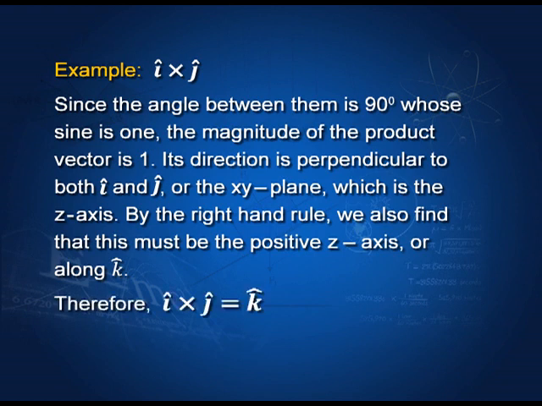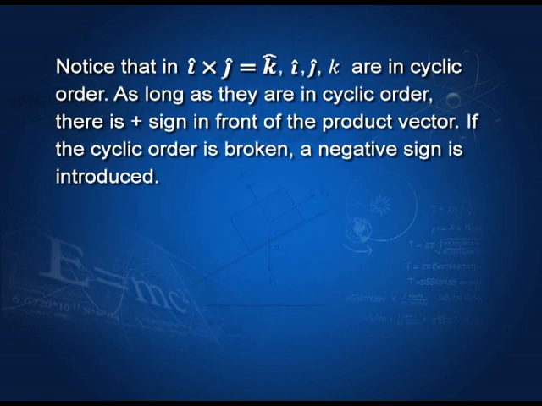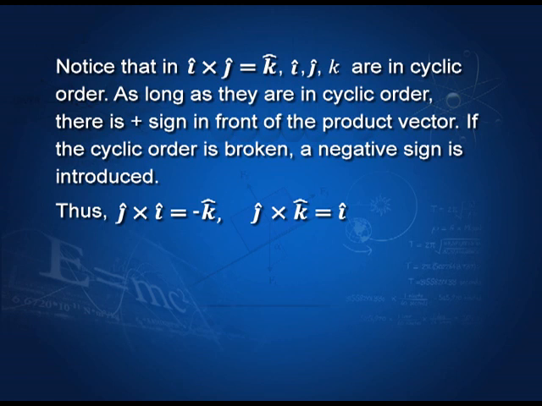Therefore, i cap cross j cap is equal to k cap, and you can use similar logic to get j cap cross i cap is equal to minus k cap, j cap cross k cap is equal to i cap, k cap cross i cap is equal to j cap, and i cap cross k cap is equal to minus j cap.